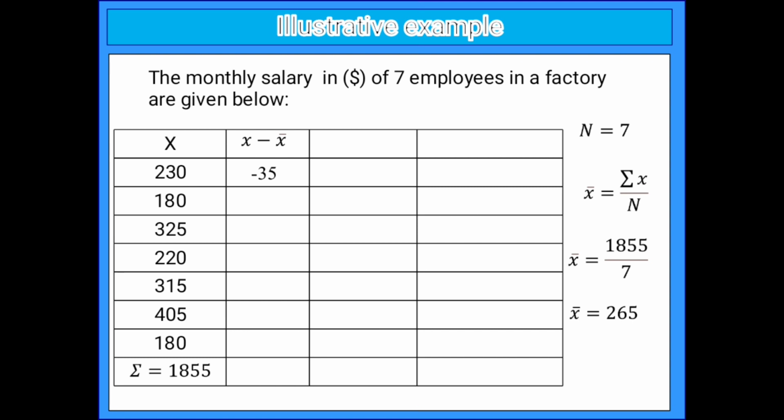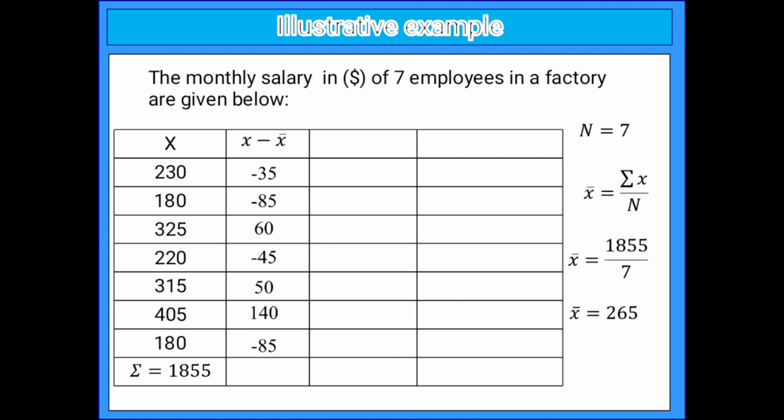So 230 minus 265 is negative 35. 180 minus 265 is negative 85. 325 minus 265 is 60. 220 minus 265 is negative 45. 315 minus 265 is 50. 405 minus 265 is 140. And 180 minus 265 is negative 85.